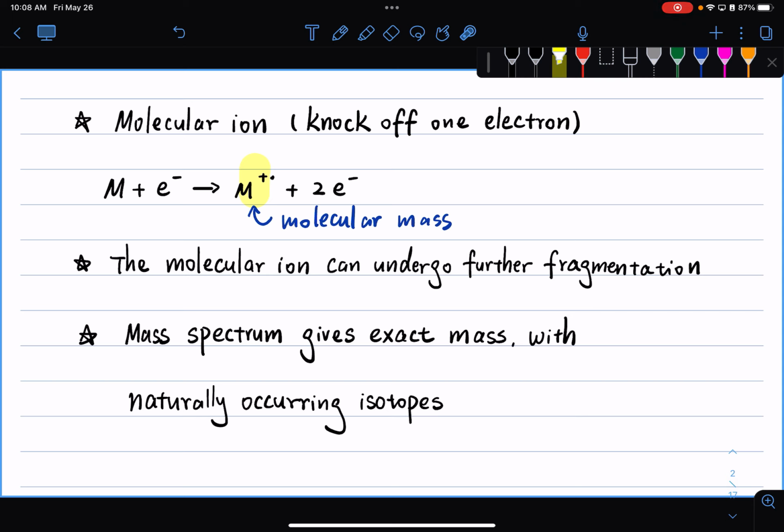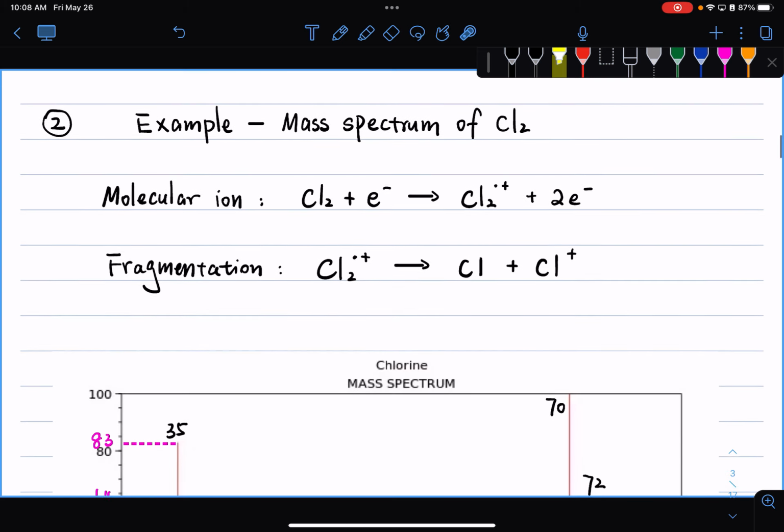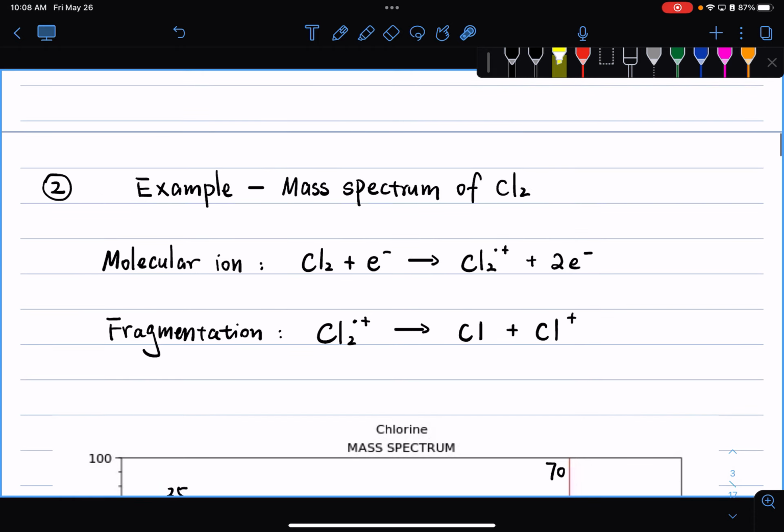So let's see one example of the mass spectrum giving you isotopes of a specific molecule. The example we're looking at here is chlorine, so Cl2. That's one molecule with two chlorine atoms. Now it's just a diatomic molecule, so the fragmentation pattern is relatively straightforward.